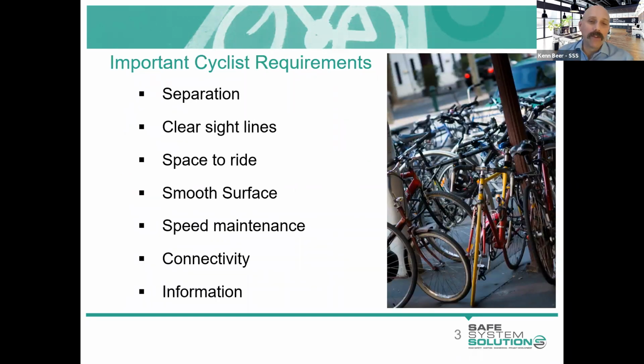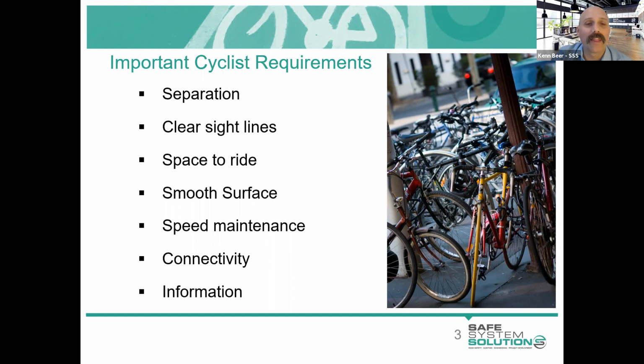There are these general categories I like to think about when you're trying to think about cyclist safety and the requirements of cyclists. Those are separation, clear sight lines for both the rider and vehicles approaching any riders, appropriate space to ride in, a good surface. Speed maintenance is an interesting one.